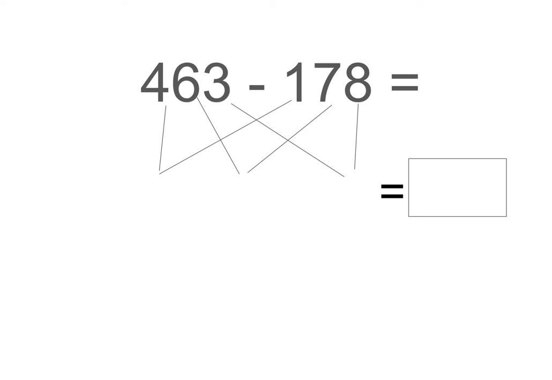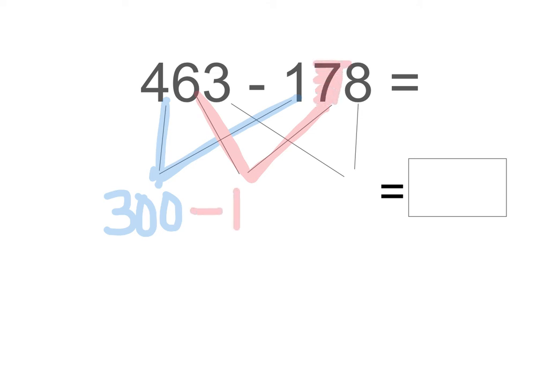463 minus 178. So 400 subtract 100 equals 300. 60 minus a 70. Do you notice that that 70 is larger? So it's going to be a negative 10. And then 3 subtract 8.